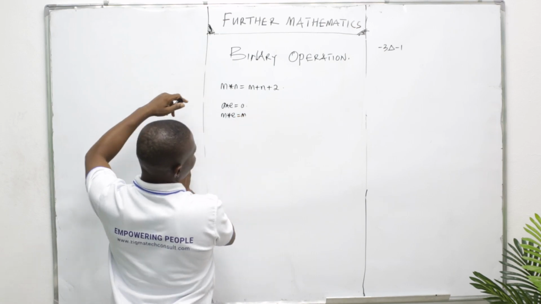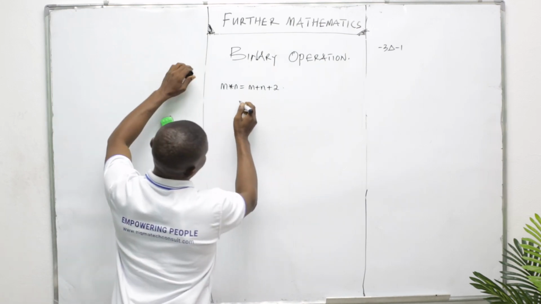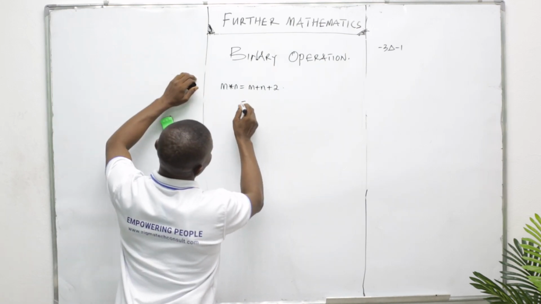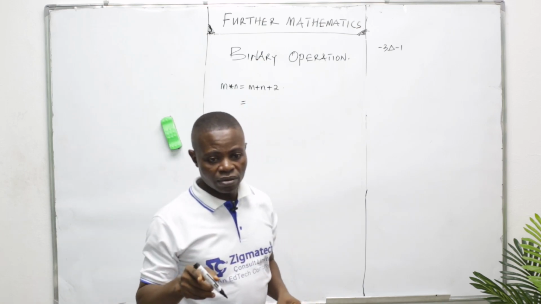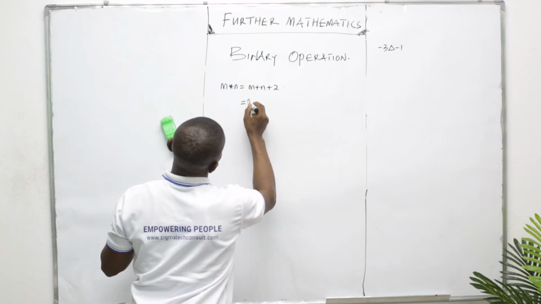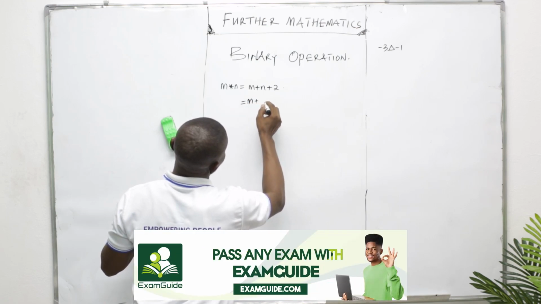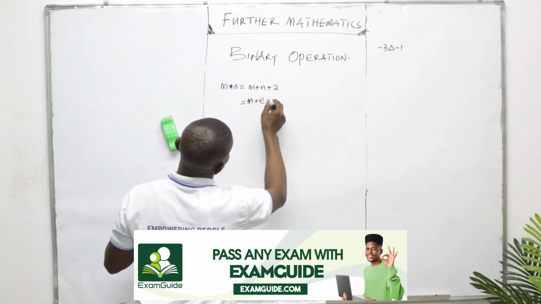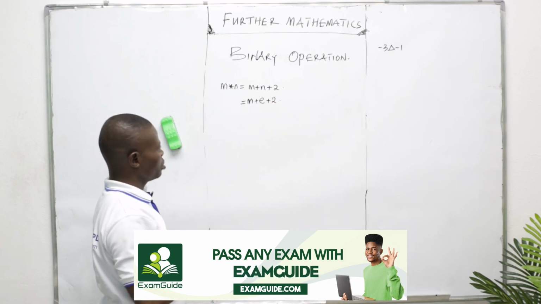M. So the normal thing here, we're going to have M as usual is there plus E plus 2 given.